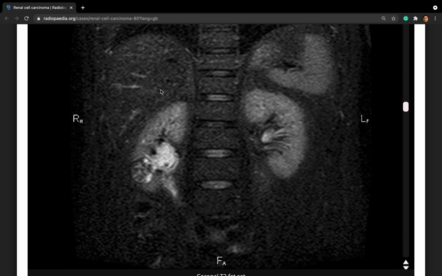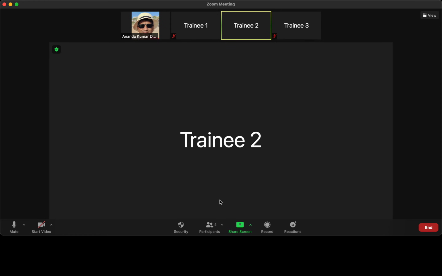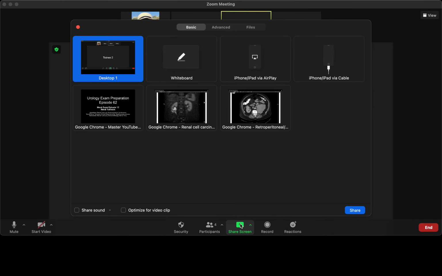The magnetic resonance urogram. Why do you want to do a urogram for a patient with a suspicious renal tumor? Because it not only gives me the characterization of the renal mass, but also the findings of the renal vessels and surrounding structures.